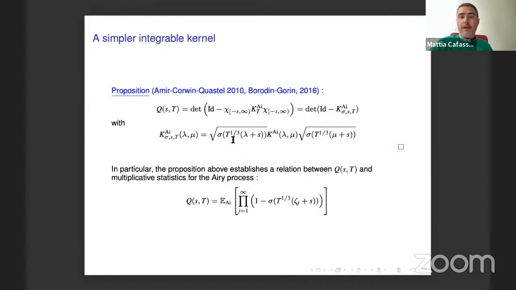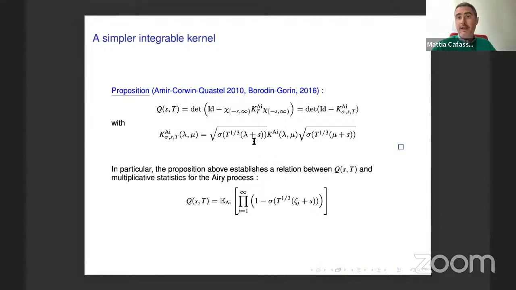So here, you integrate on the real line, but still you have the dependence on two variables, s and t, and the dependence on the two variables, at least in the kernel, is very simple. It's simply due to this argument of the Fermi factor, okay?